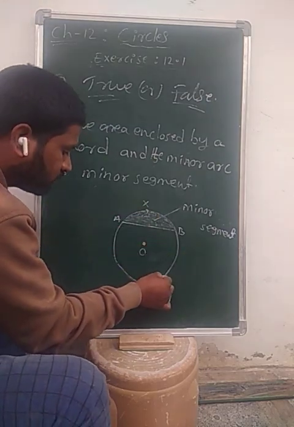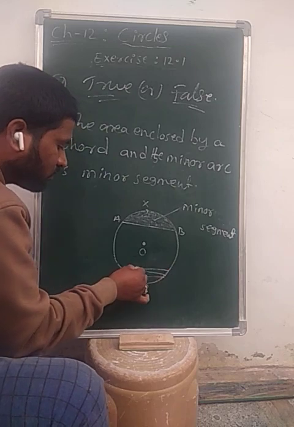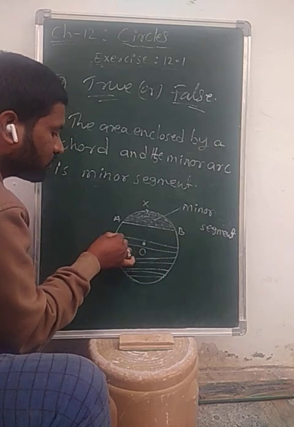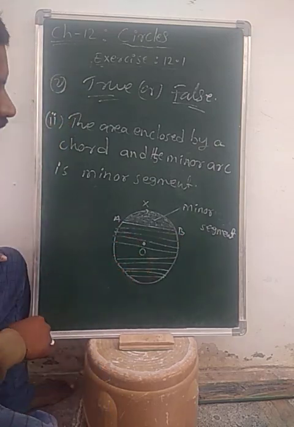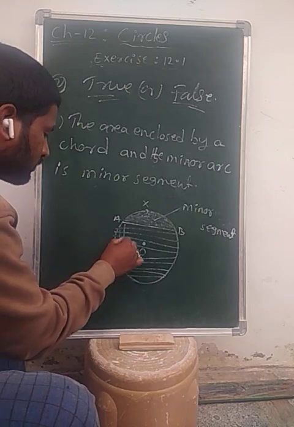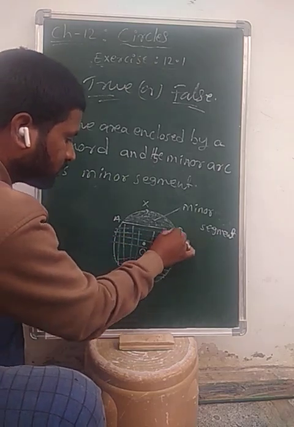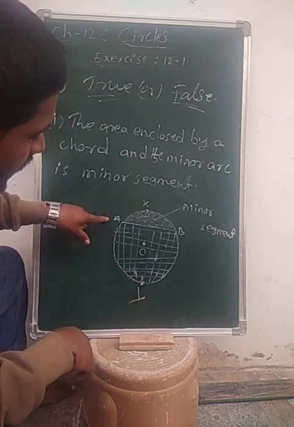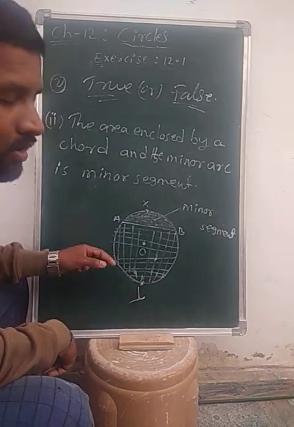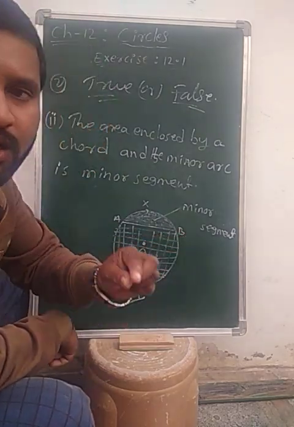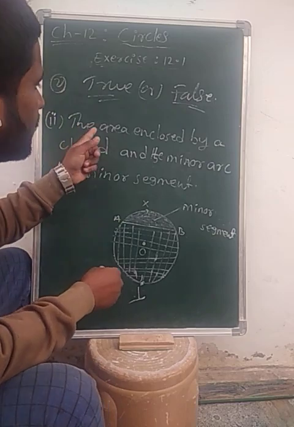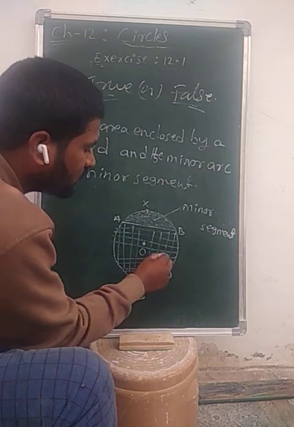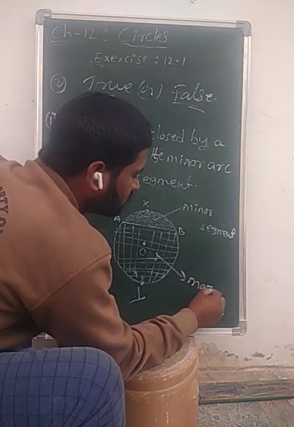Now see this one. This part. Now AYB is a major arc. The area enclosed by a chord AB and the major arc is called the major segment.